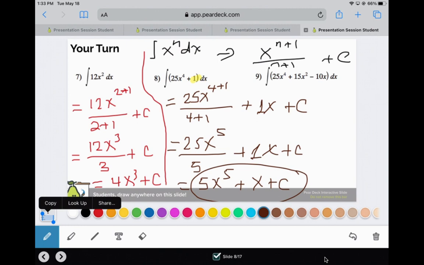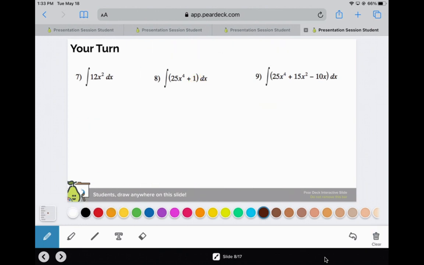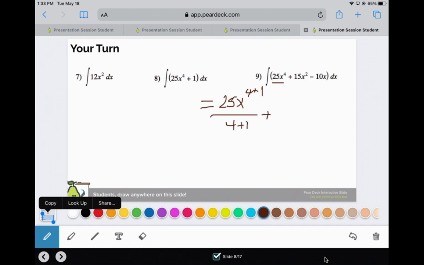Okay, I'm going to do the last example. Again, you can always go back and review the steps. I'm going to clear this. Same thing over here. I'm looking at the first one, 25 x to the 4 plus 1 divided by 4 plus 1. I will have 15 x to the 2 plus 1, then divide by 2 plus 1.